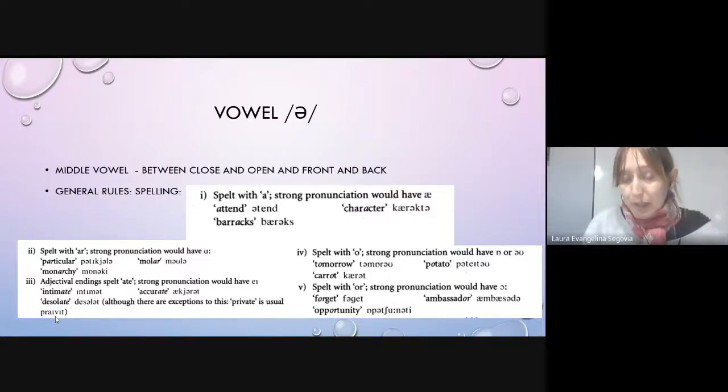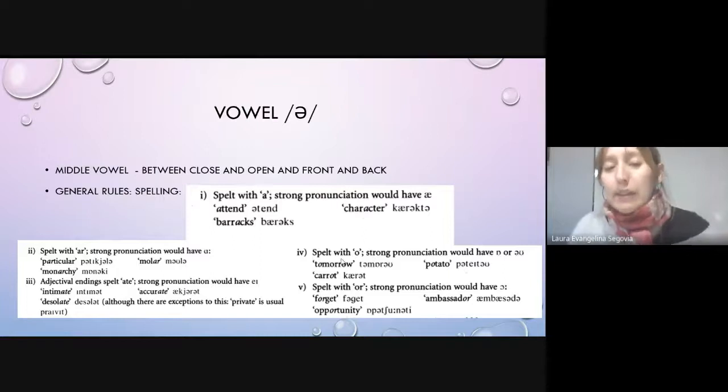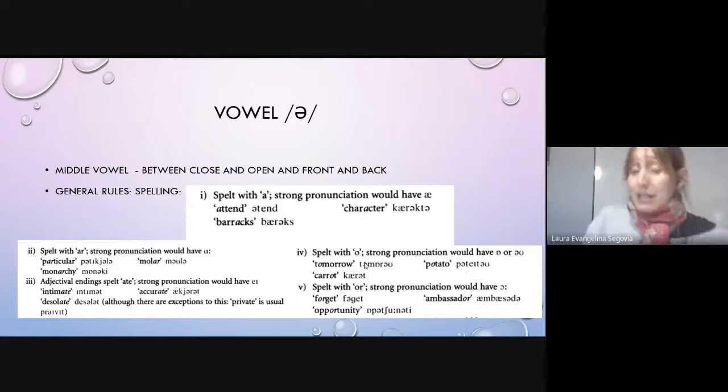Then you have, for example, the O spelling. In the O spelling, sometimes you can find the schwa when it is a weak syllable. Again, why do you think it says that spelled with O and strong pronunciation would have two different O sounds? Because it says, if the word is spelled with O and the syllable is weak, it is a schwa.